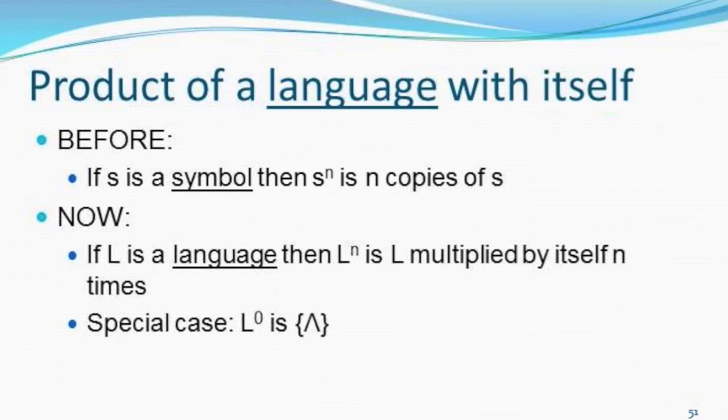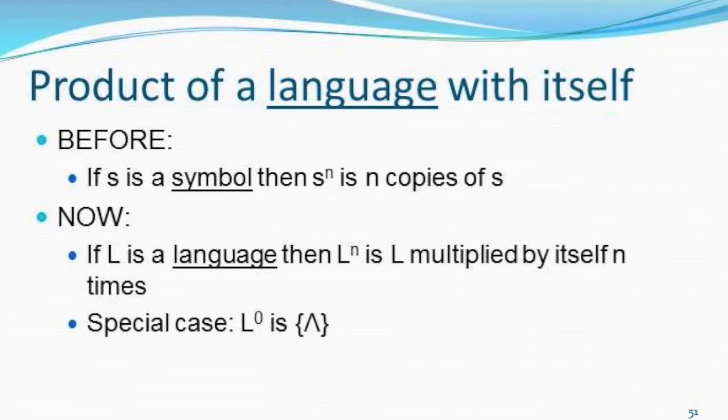And now let's talk about the product of a language with itself. So before we were talking about s to the power of n, so if s was a symbol, s to the n was n copies of s. Now we're talking about L to the n. So if L is a language, then L to the n is L multiplied by itself n times.